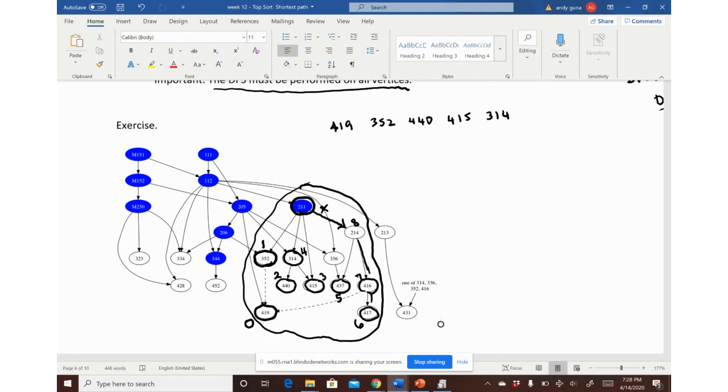Then we have, oops, I missed something here, right? What happened to 336? Yeah, I noticed that the 336 is never counted here because I don't have a way to get to 336 from 211. So 336 is not counted here. So it's okay, I didn't miss anything.